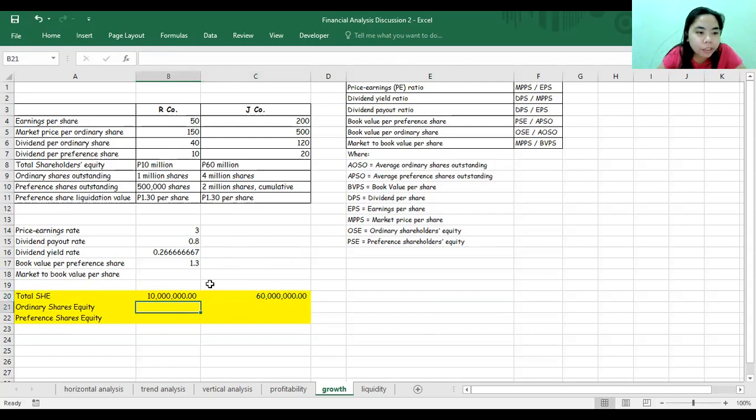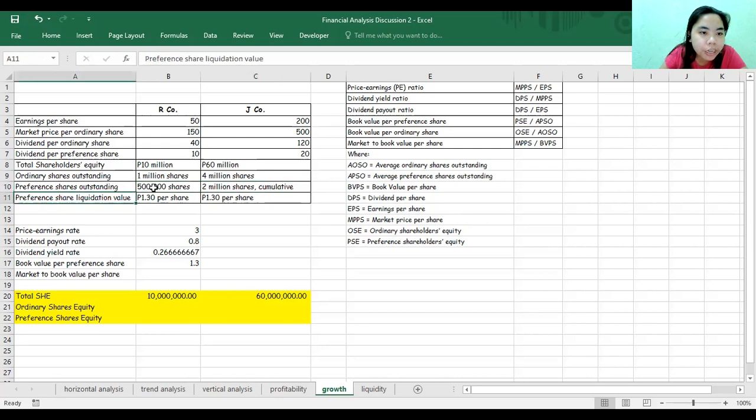Then we'll get the ordinary shares equity. You have here the data, the ordinary shares outstanding. R company has 1 million shares and J company has 4 million shares. But can we get the ordinary shares equity with this data? I think we cannot. So we have here the preference shares outstanding.